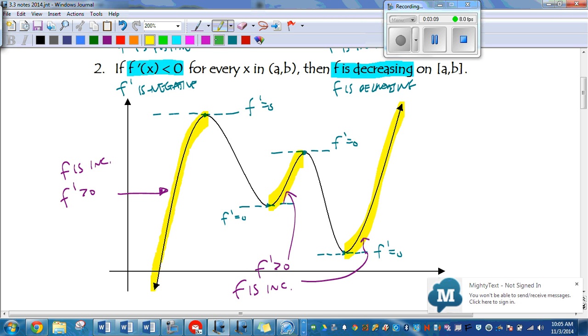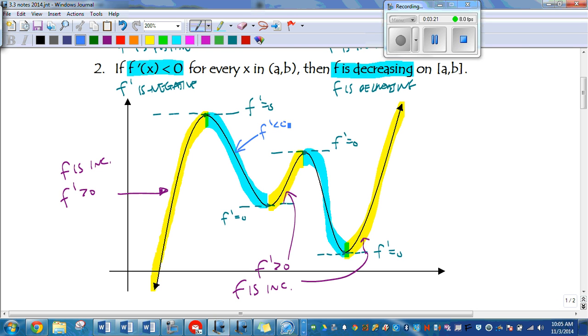Now, we also have some intervals where the derivative is negative and the function is decreasing. So here the derivative of f is less than 0, negative, and f is decreasing. That happens right here in this blue highlighted portion as well. The derivative of f is less than 0, f is decreasing.